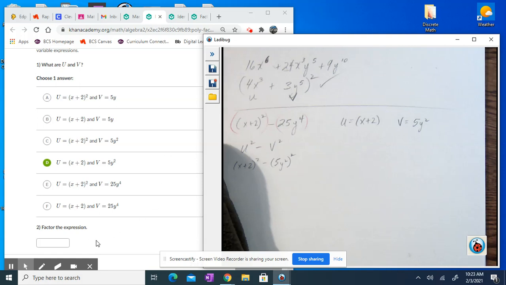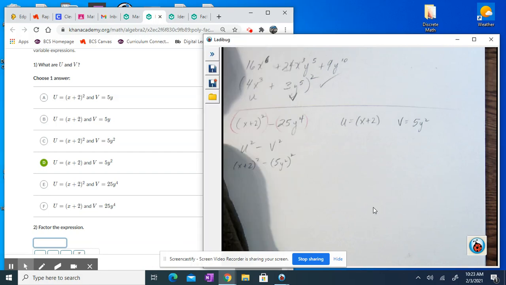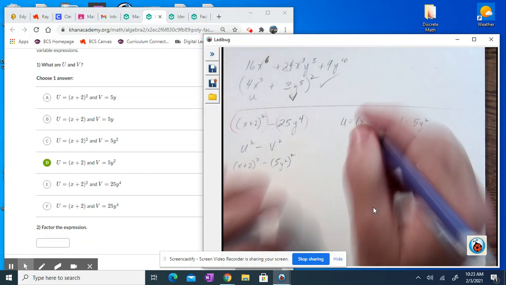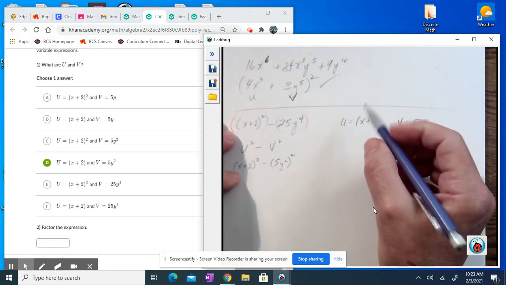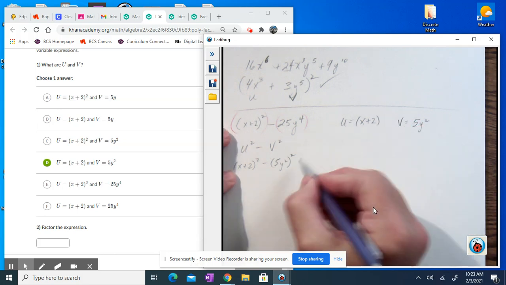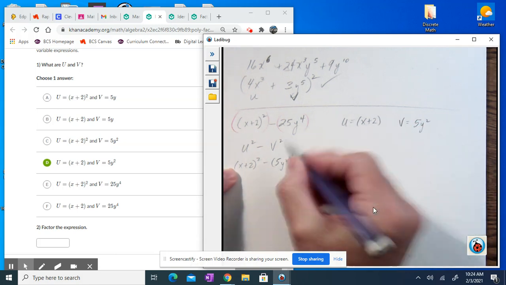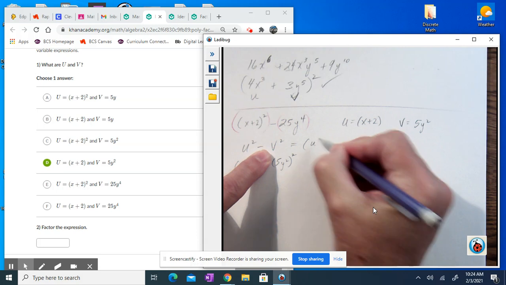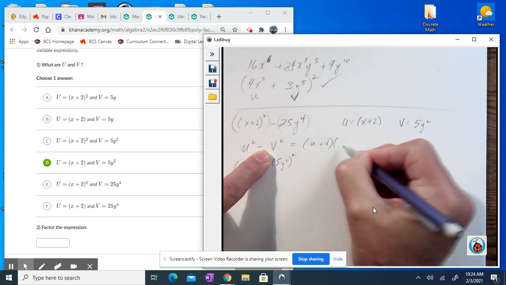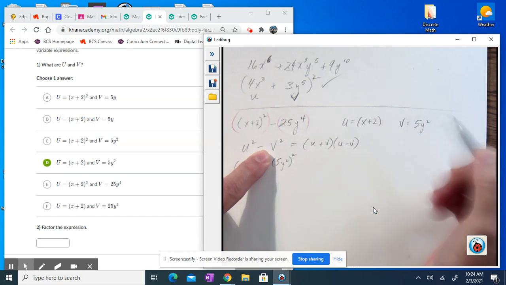All right, and then what does it factor to? Well, let's see. So if you factor it, it factors to u plus v times u minus v, right?